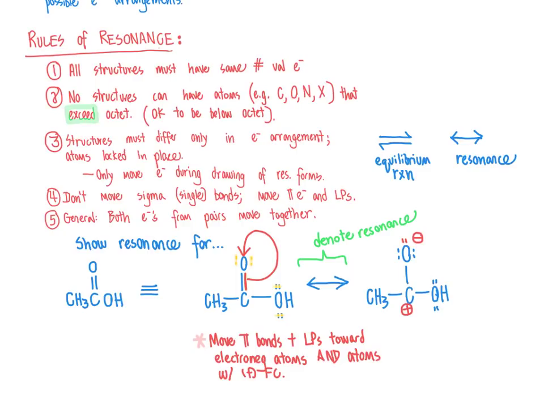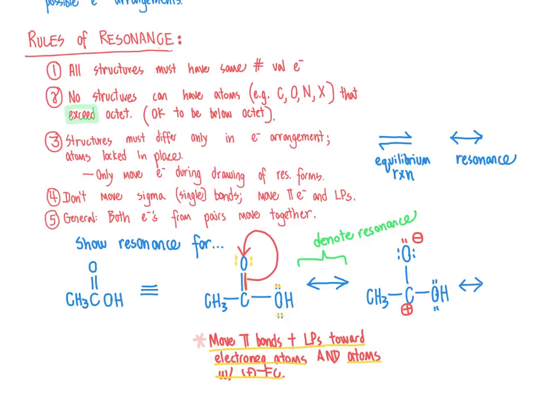But there's more. Continuing onward and following again this theme of moving pi bonds and lone pairs toward electronegative atoms and toward atoms with a positive formal charge whenever possible, let's look at the structure on the right. If we think about moving the pi bonds or lone pairs toward atoms with positive formal charge, we have a couple of different options.